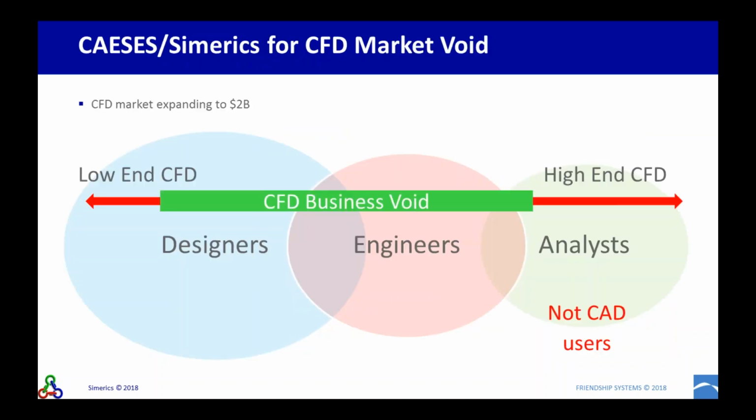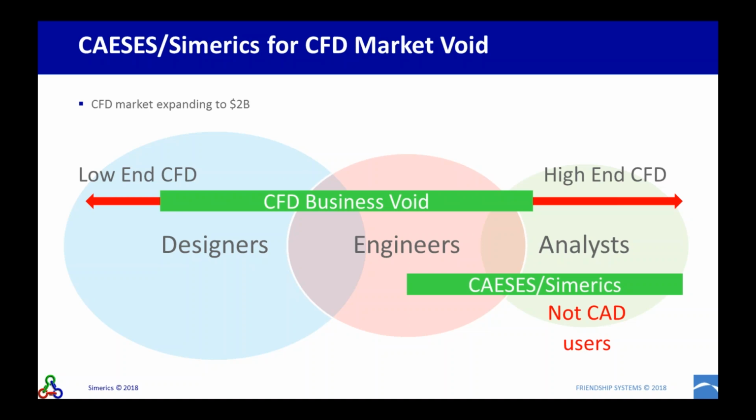If you look at this market map and ask where the CAESES Simerics product fits on the map, it goes right here, and it fits so well, because if you're an analyst on the webinar today, you're probably not personally using CAD, or you're a high-end engineer.